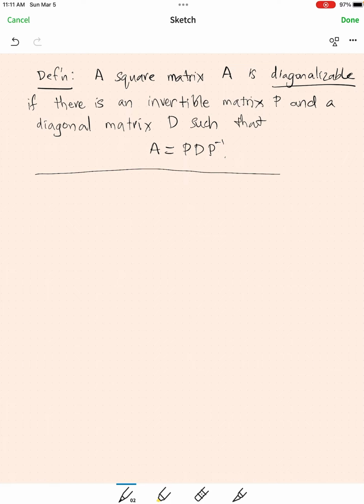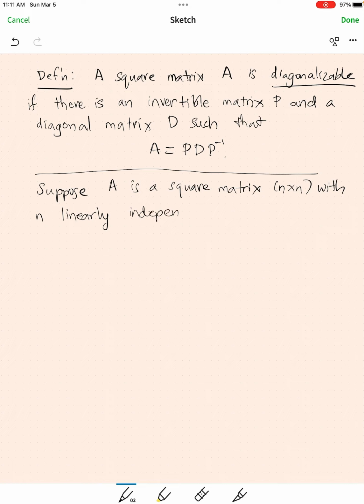So suppose that A is a square matrix, say n by n, with n linearly independent eigenvectors.